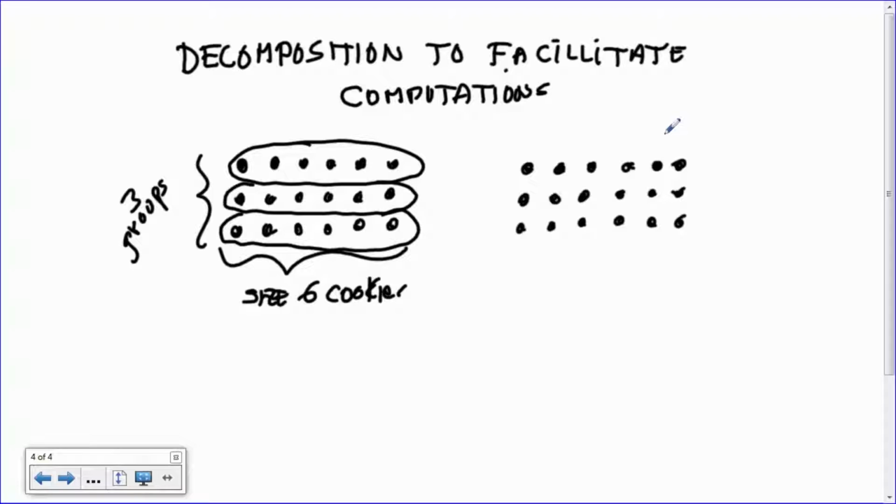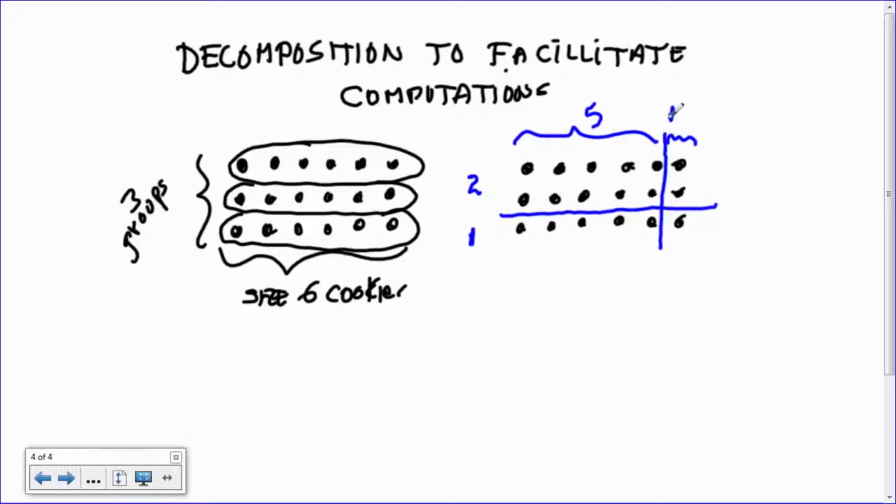I'm going to separate these groups of objects into 4 groups of objects. So instead of having 3 groups of objects, I now have 2 groups up here and 1 group down here. Instead of having size 6, I made it so these are of size 5 up here. This is size 1.